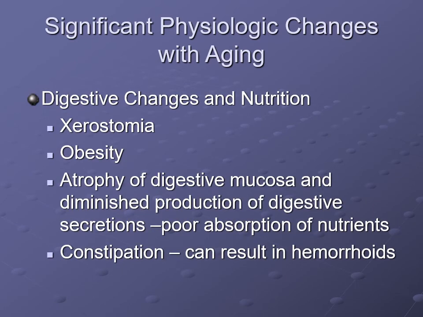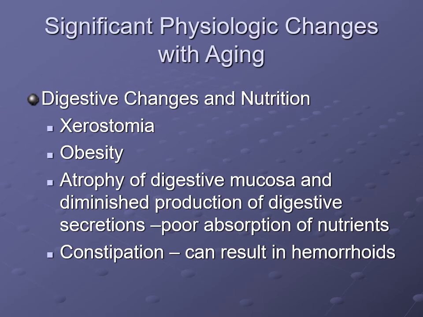Digestive changes in nutrition. Xerostomia is dry mouth, and that's common because the amount of saliva produced is reduced. Obesity, common among sedentary seniors. Atrophy of the mucosa and digestive mucosa, and the glands that produce secretions that are involved with enzymatic reactions to digest nutrients.